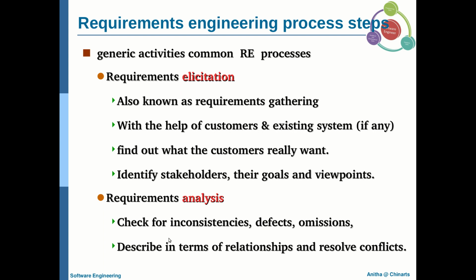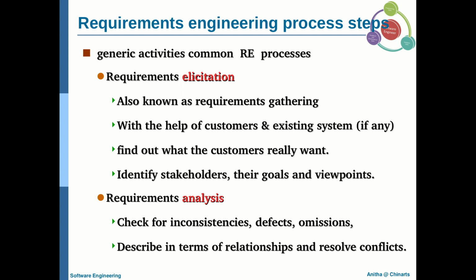It is not only checking the inconsistencies, defects or omissions. Along with that, it will identify whether any two requirements are related. If so, these relationships will also be identified and described.